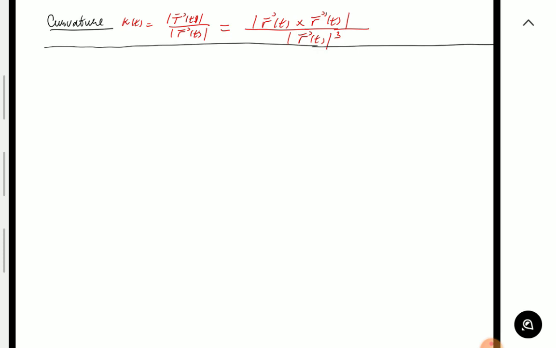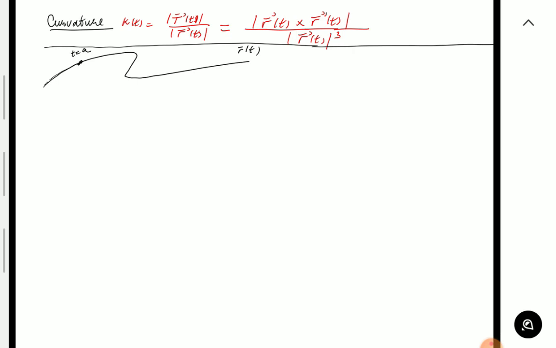But before we come up with examples, let's make sure we understand the concepts of what a low curvature is and what a high curvature is. So suppose, for example, the motion looks like this. If I look at the point here, let's say this corresponds to the point t equals a. Let's say this is the graph of r of t.